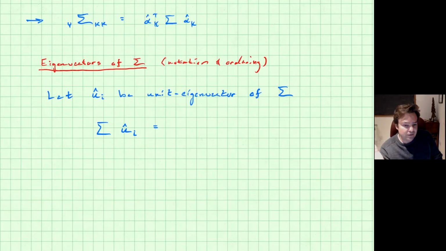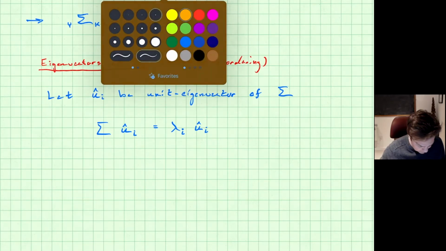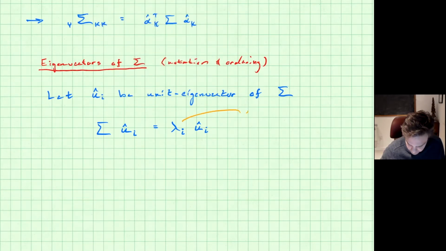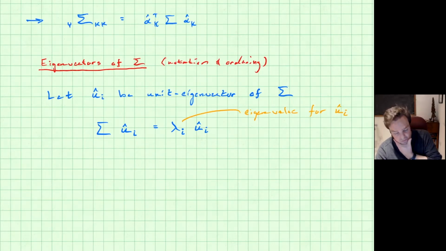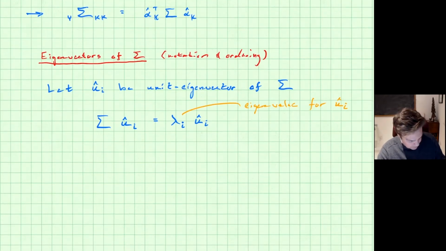The output vector that you get is the same as the original one, but just stretched or shrunken depending on the eigenvalue. So it's a constant, lambda i, that we call the eigenvalue, times u hat i. This guy is the eigenvalue for this particular eigenvector. So you get a different one for each eigenvector that you use.